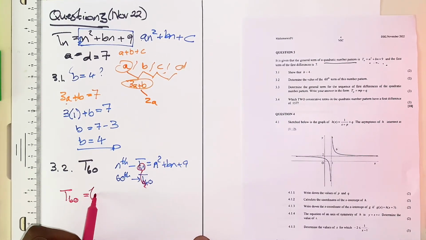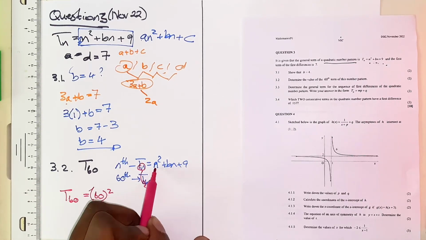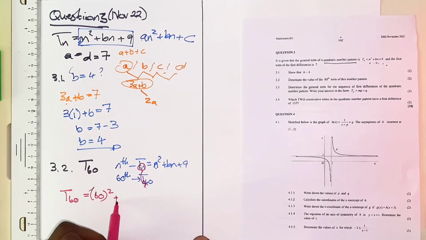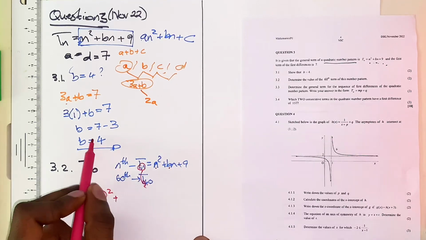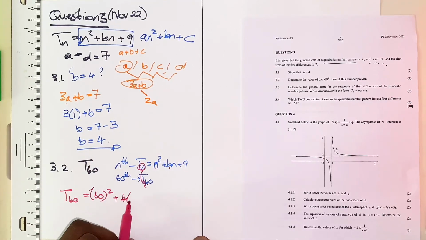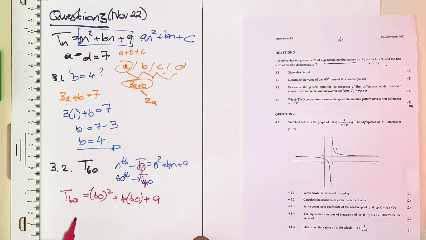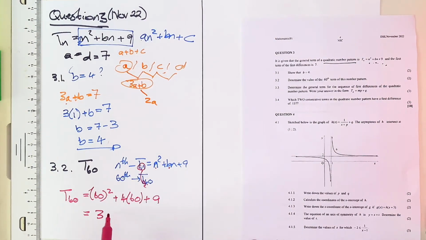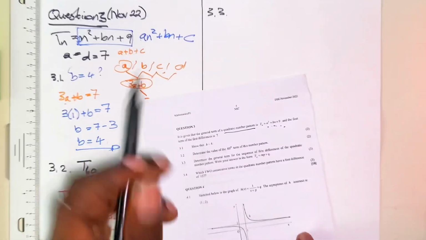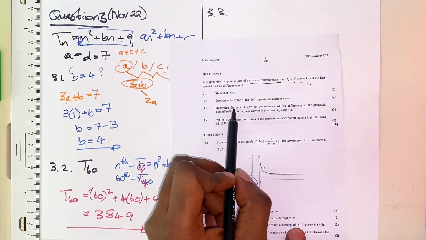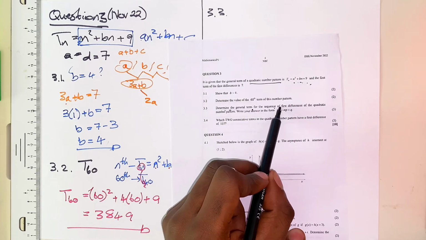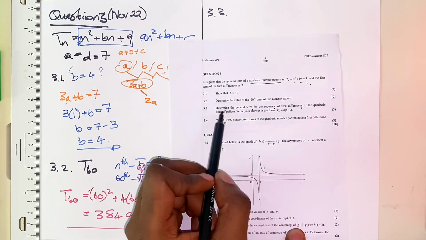T60 will be 60 squared, plus, we know B now. B is 4. So we have 4 into n, and our n is 60, plus 9, and that will give us 3,849. So the 60th term is 3849.